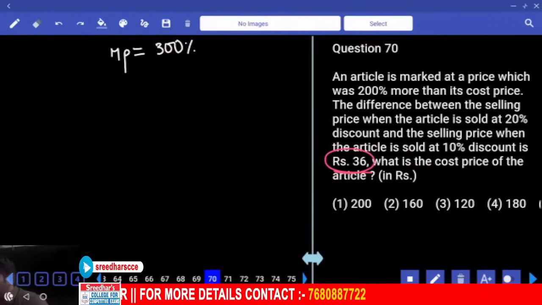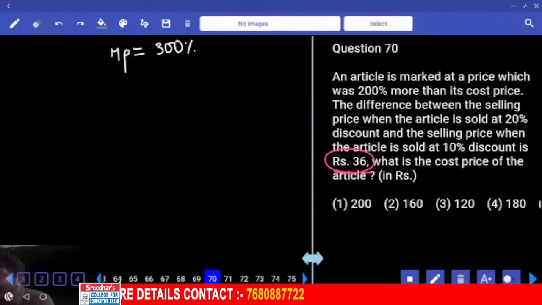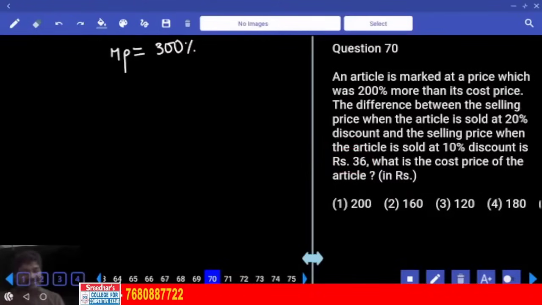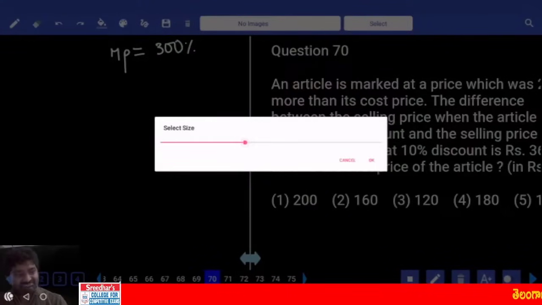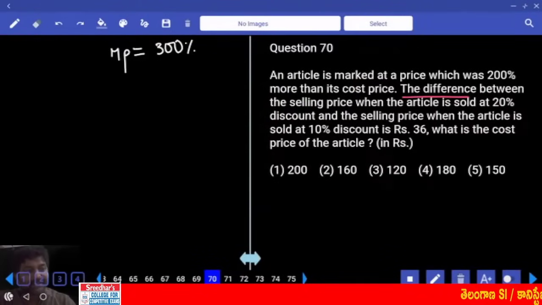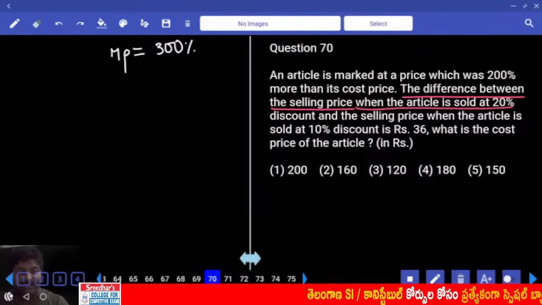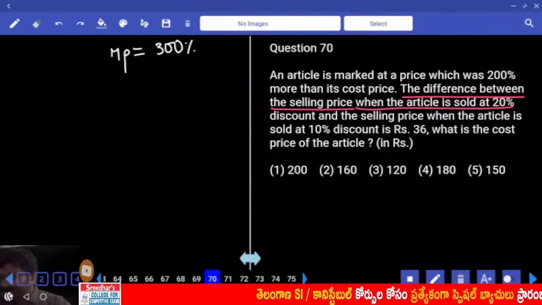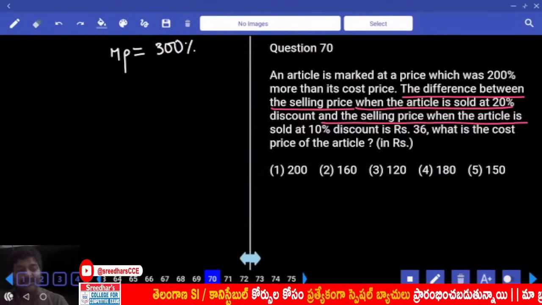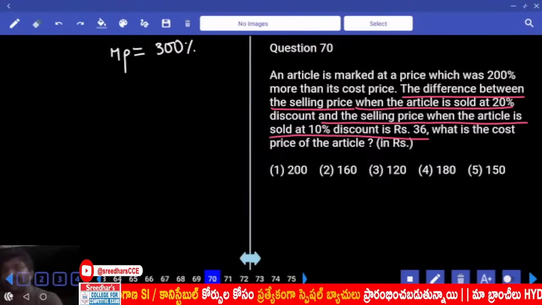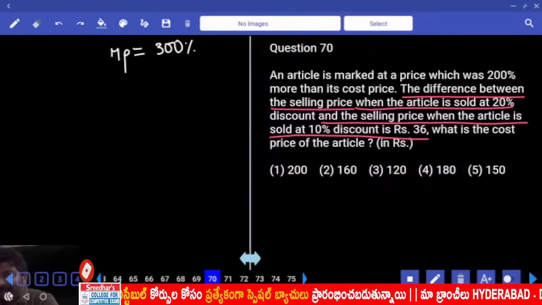Difference of selling prices? Come on, my dear English medium graduates. The difference between the selling price when the article is sold at 20% discount and the selling price when the article is sold at 10% discount is 36, correct?